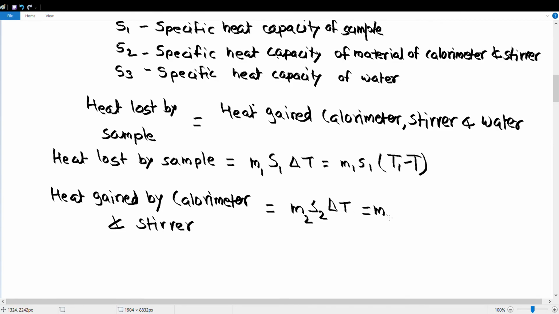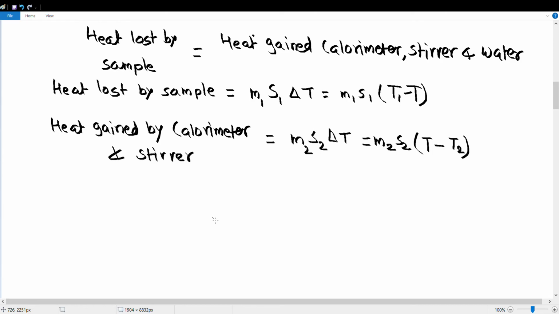Now in this case the final temperature, what is the final temperature? The final temperature is T, which is greater than the initial temperature of calorimeter and stirrer. So here we take the difference del T as T minus T2.